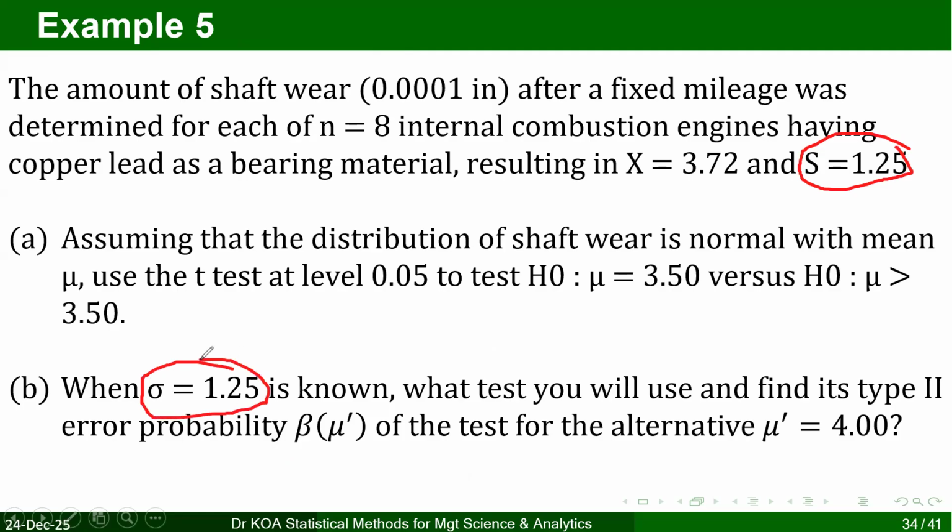The population. Now he's telling you that it is 1.25. That is known. He's even supporting it more. It is known. In this case, you don't have to use the T. You have to use the what? Is it a Z? Correct. It's known. Now the question is, what test would you use? See the question.